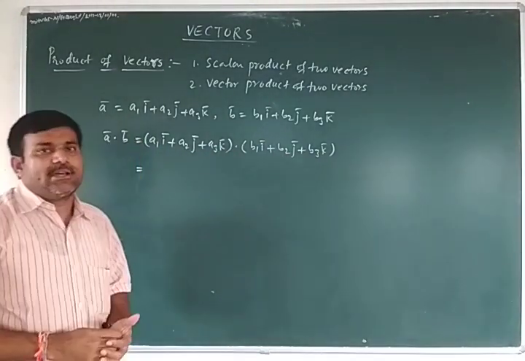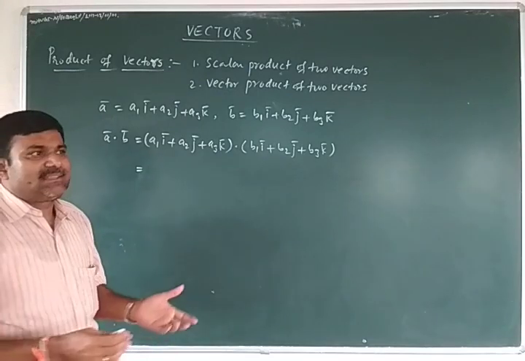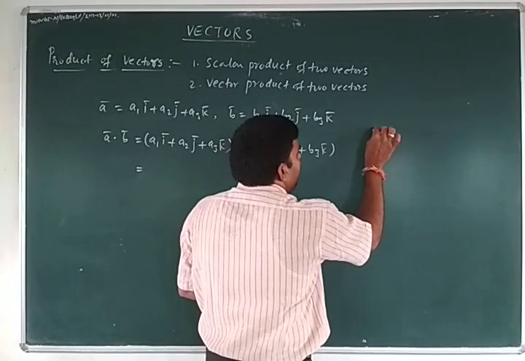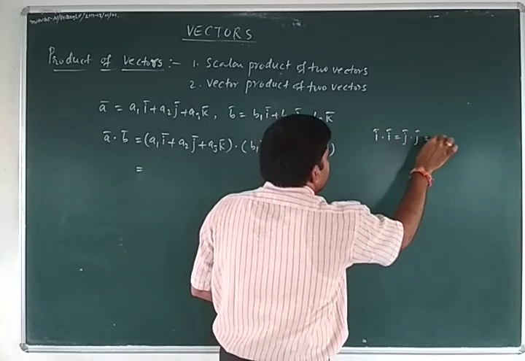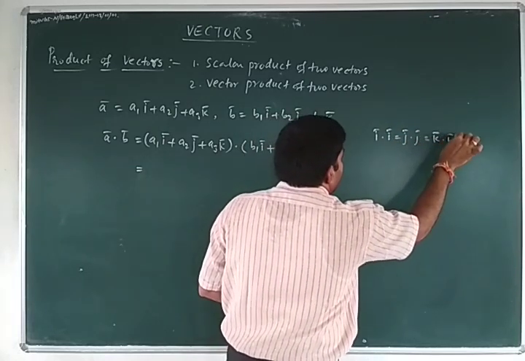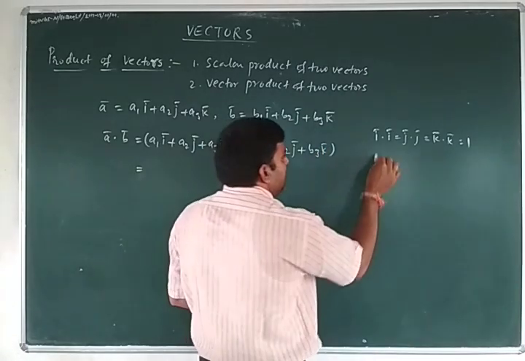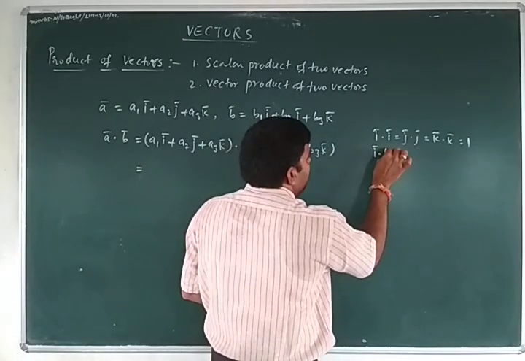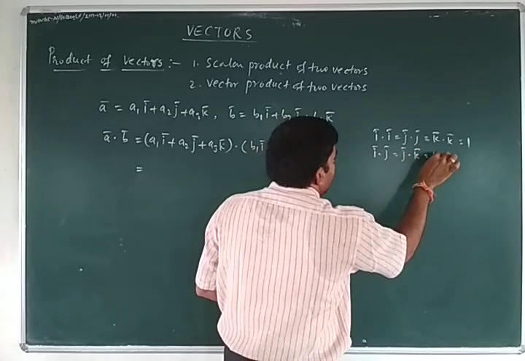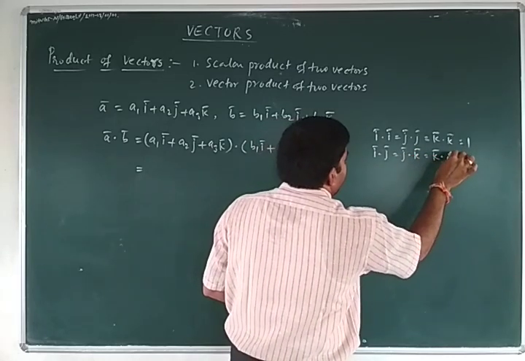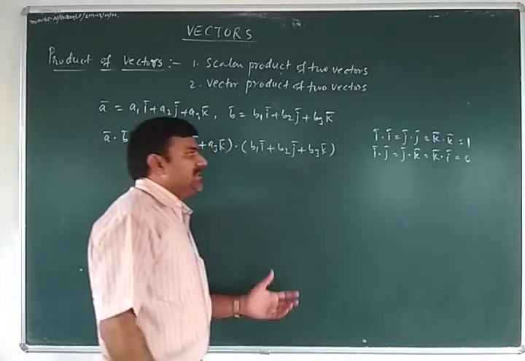Now clearly observe, in the previous discussion we know that I bar dot I bar is equal to J bar dot J bar is equal to K bar dot K bar is equal to 1, and similarly I bar dot J bar is equal to J bar dot K bar is equal to K bar dot I bar, these values are 0.